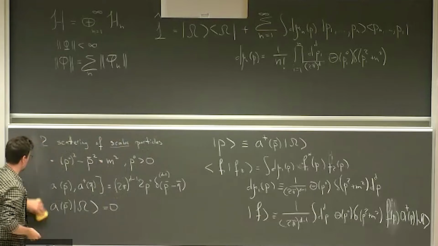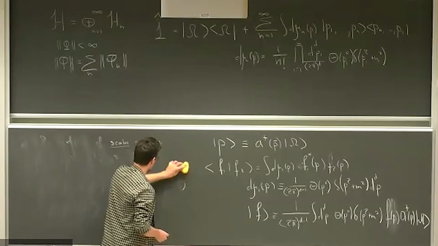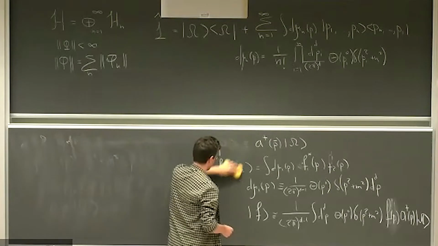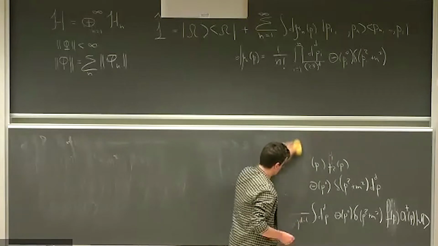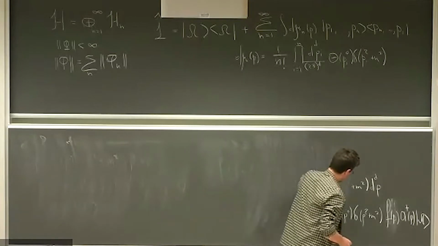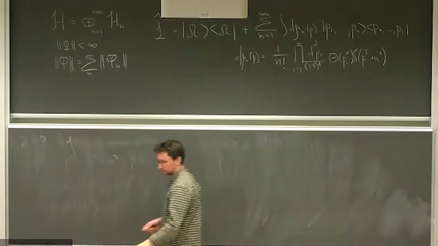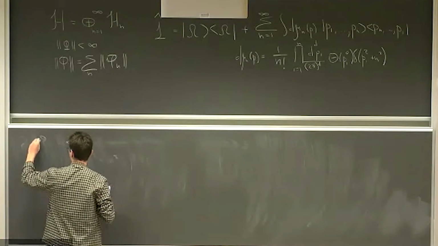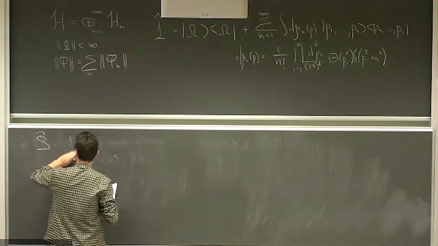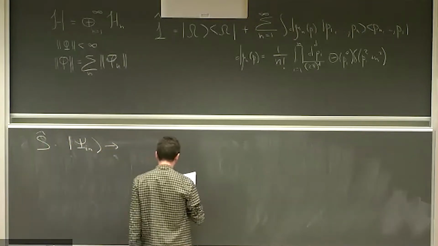Now we introduce the S-matrix. Simone already introduced it, so I try to be as fast as possible with all these kinematic things. So we consider the incoming state and the S-matrix, and the outgoing state.